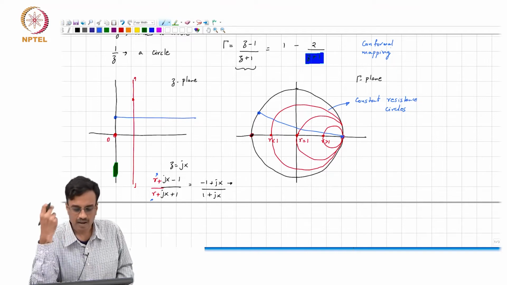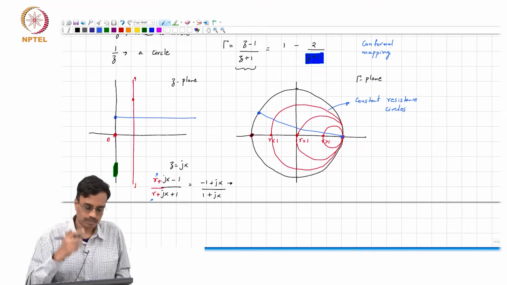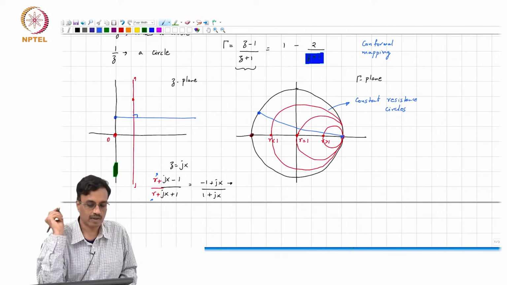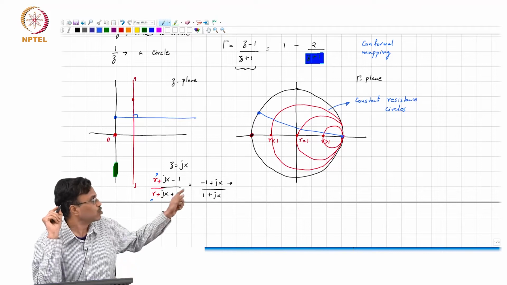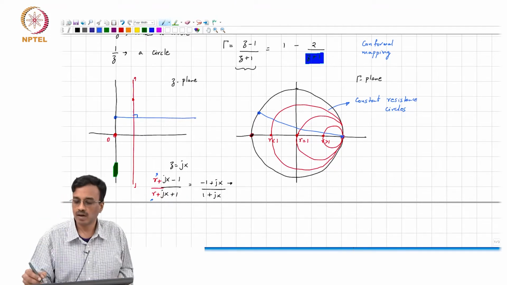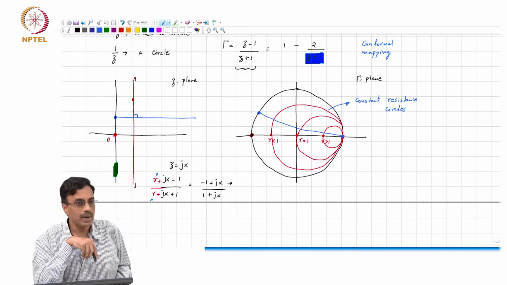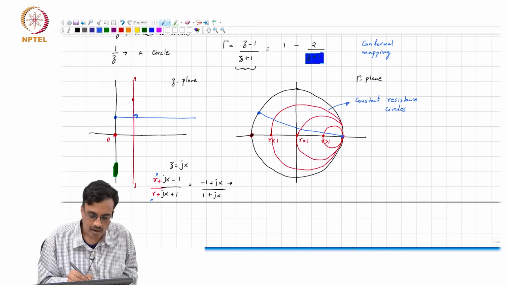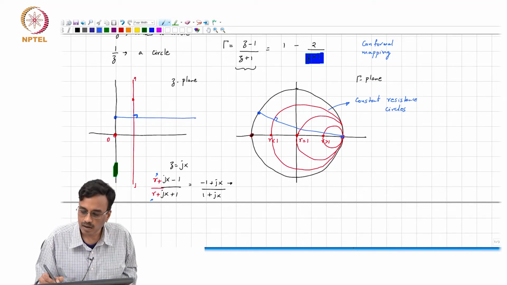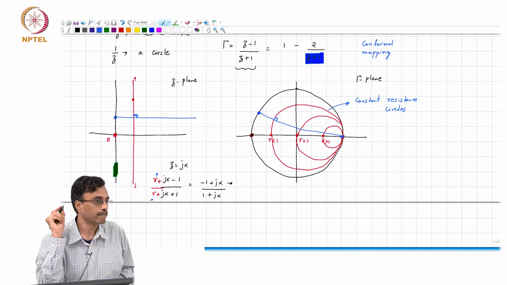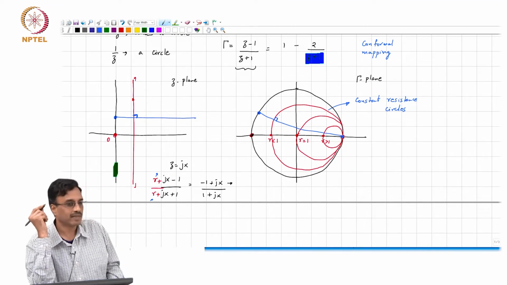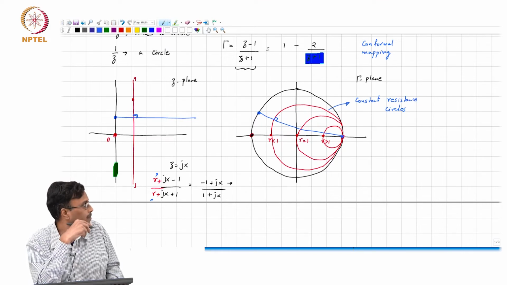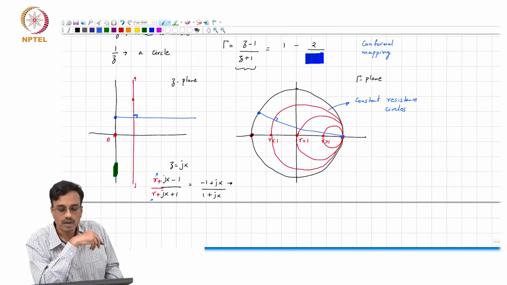What it means is that if you have two curves and an angle between these two curves here, when you map these two curves using this bilinear mapping, the angle between them here will be preserved here. This is easily proven, and I encourage you to try it out.